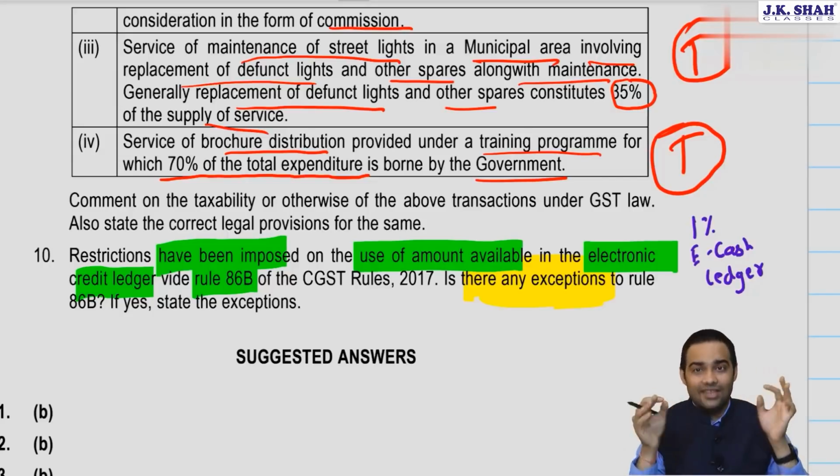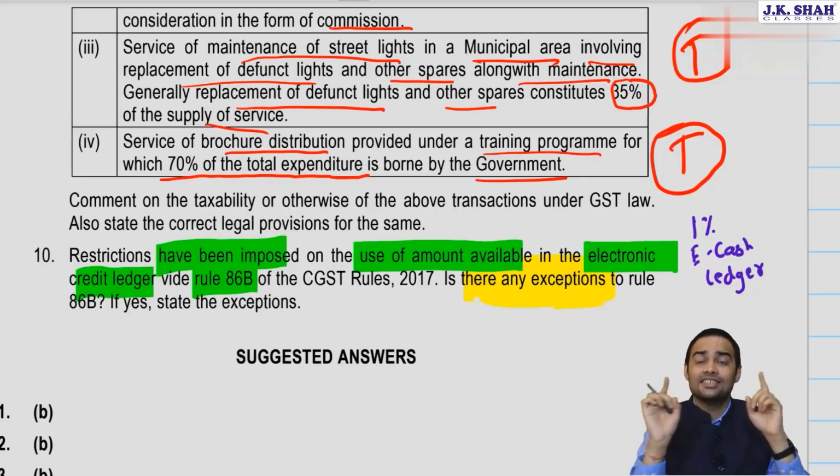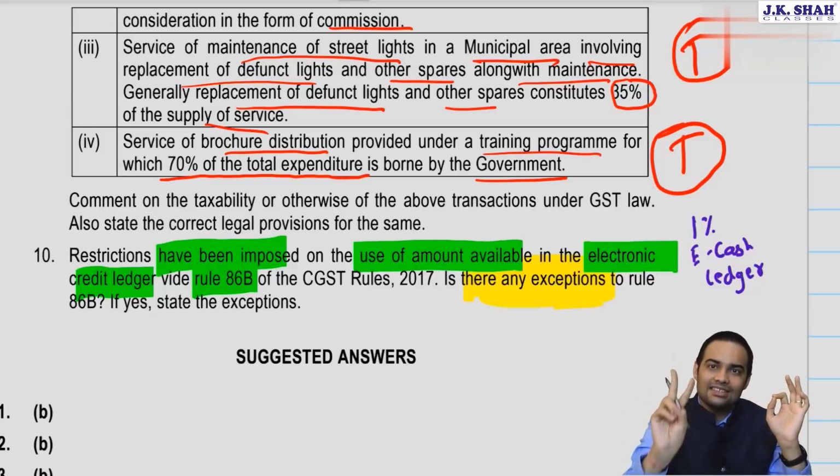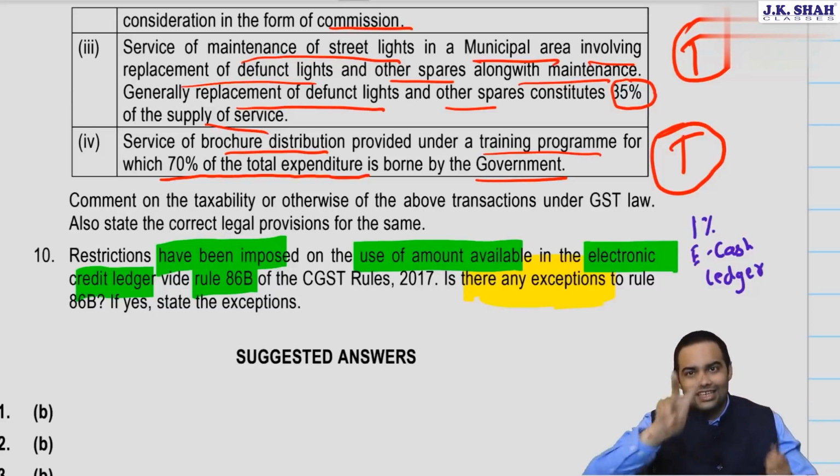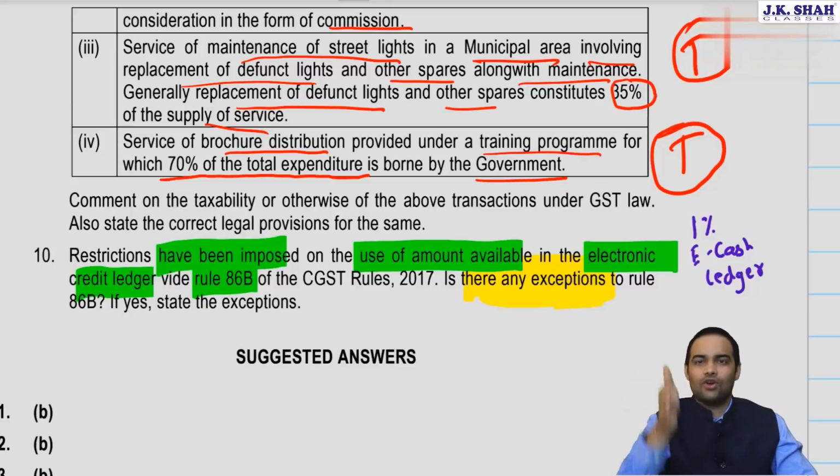First, if the person or karta or proprietor or 2 partners, whole-time directors, managing committee members, trustees have paid more than 1 lakh rupees as income tax in each of the preceding 2 financial years for which the time limit to file income tax return is not over, then Rule 86B is not applicable to them.